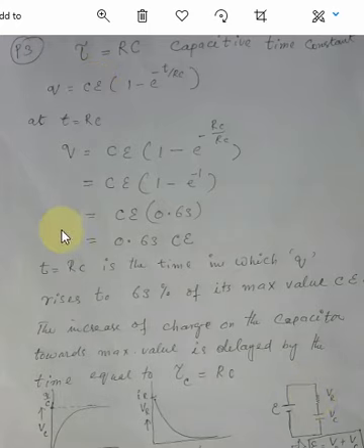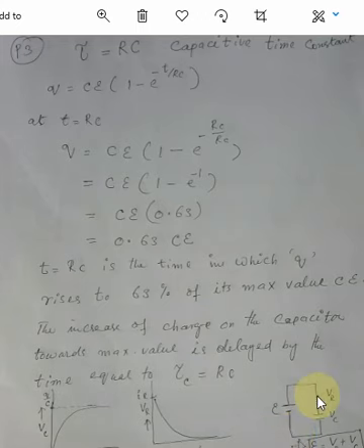It means that the presence of this R delays the buildup of charge on this capacitor by a time equal to tau C equal to RC. That is, the charging process, or the increase of charge on this capacitor towards its maximum value, is delayed by this much time.